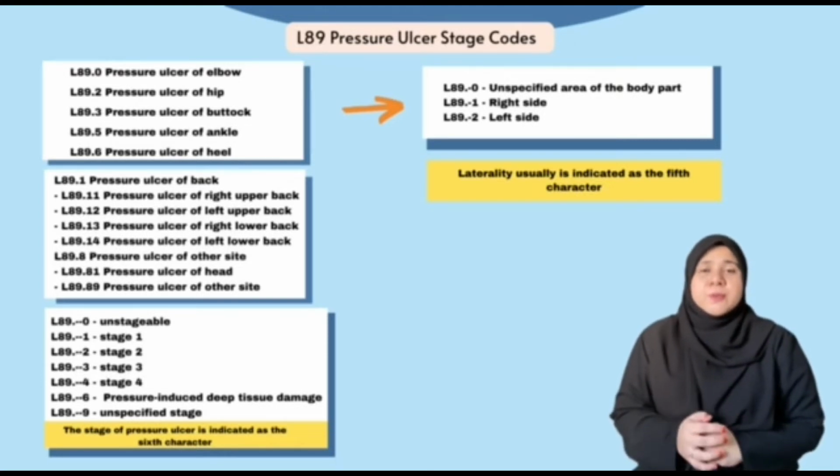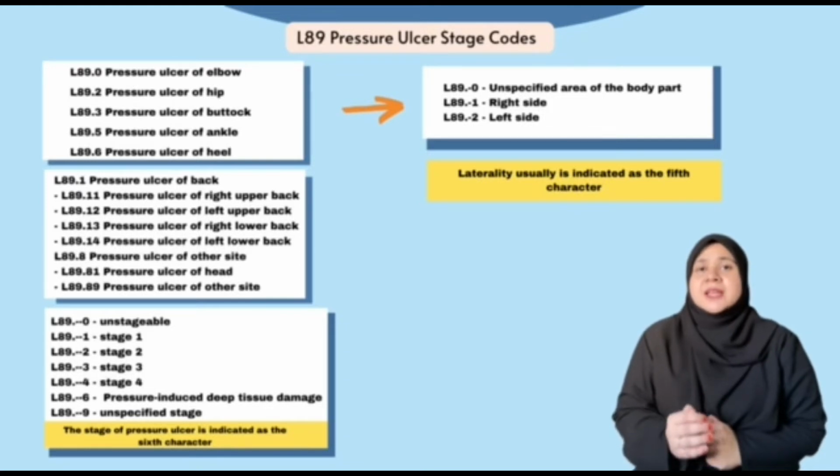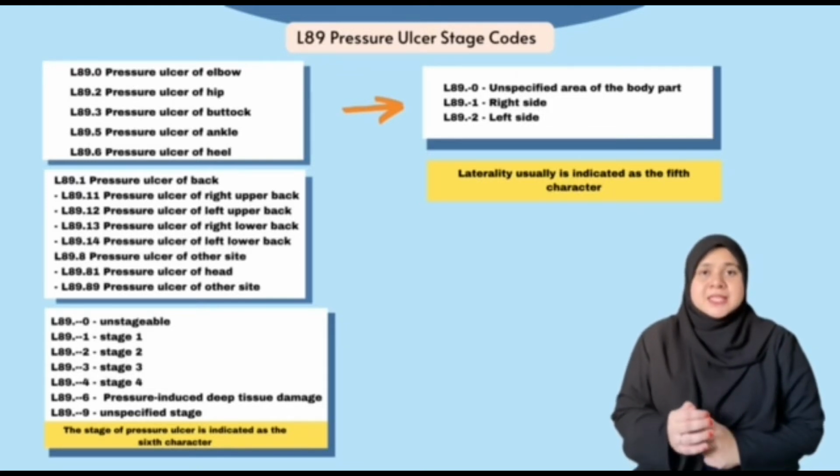However, the code for pressure ulcers of the back has a different fifth character to indicate the laterality, as it consists of the upper back and lower back. For category L89.8, no laterality code is needed. For the listed codes above, the coder must choose the right sixth character to indicate the stage of the pressure ulcer.